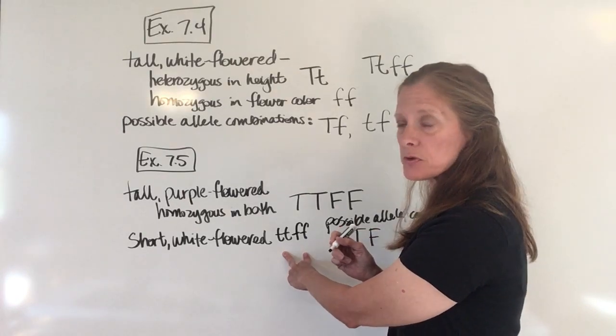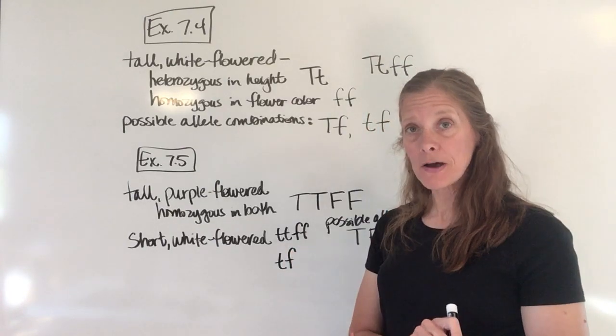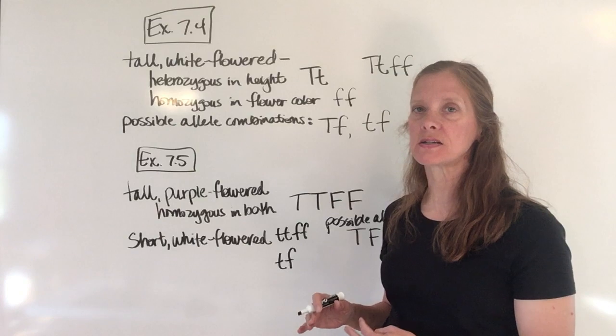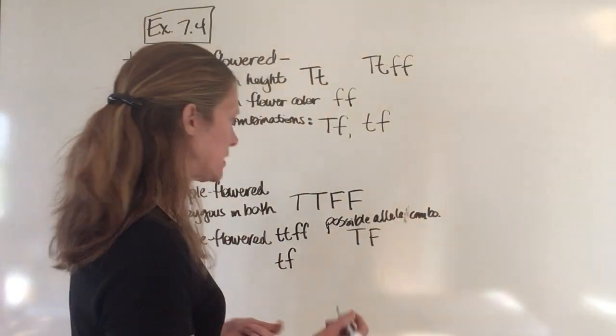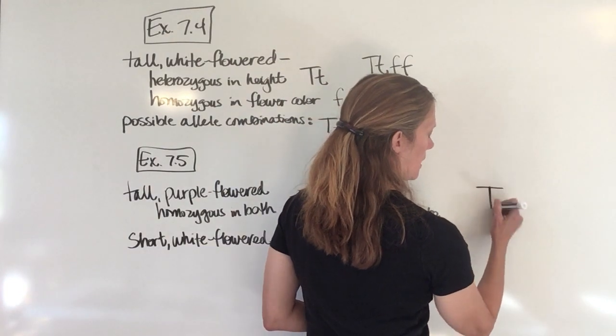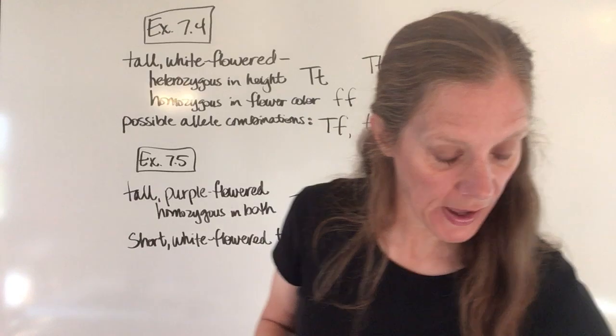Well, the only possible allele combination here is a little t and a little f. So therefore, when I cross these two plants, what's that going to give me? Well, the tall purple flowered pea plant can only give me a capital T and a capital F.